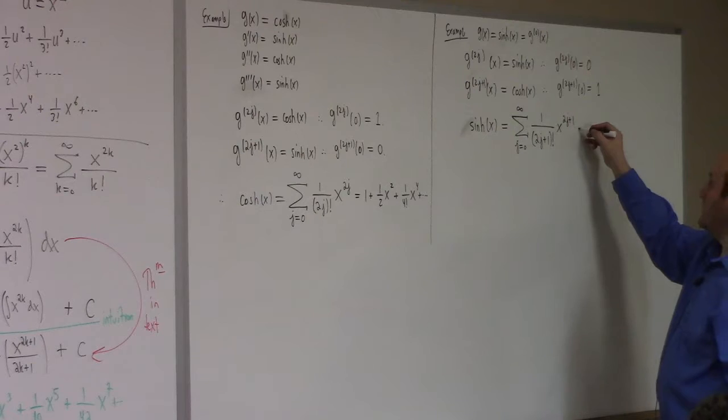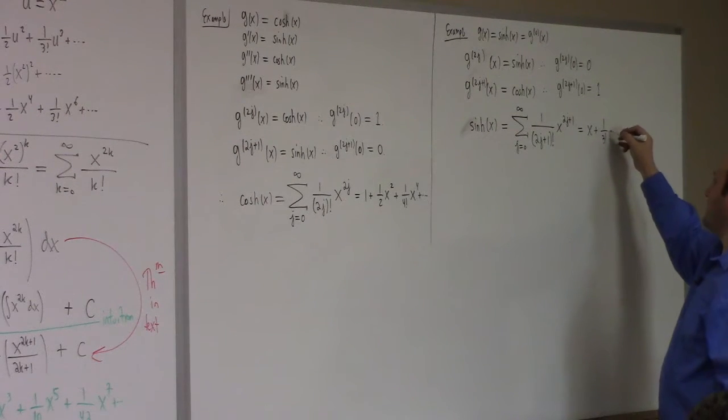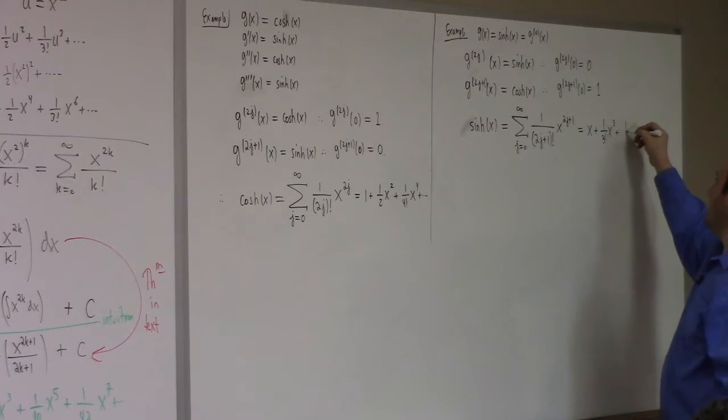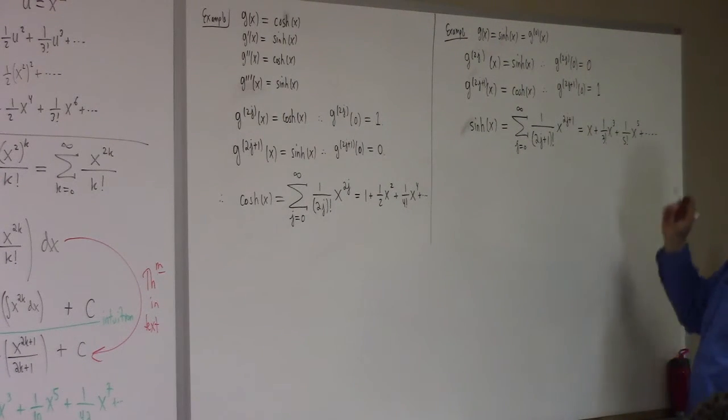If you write that out, that is x plus 1 over 3 factorial x cubed plus 1 over 5 factorial x to the 5th plus dot, dot, dot.